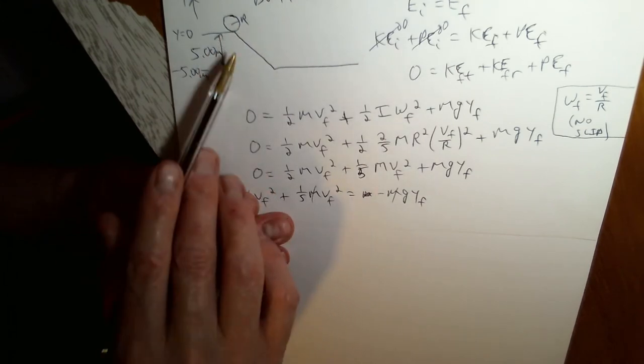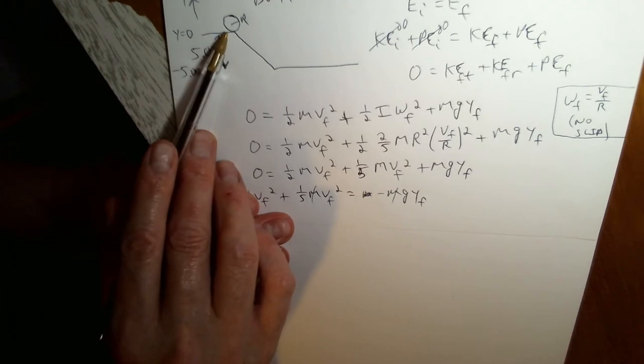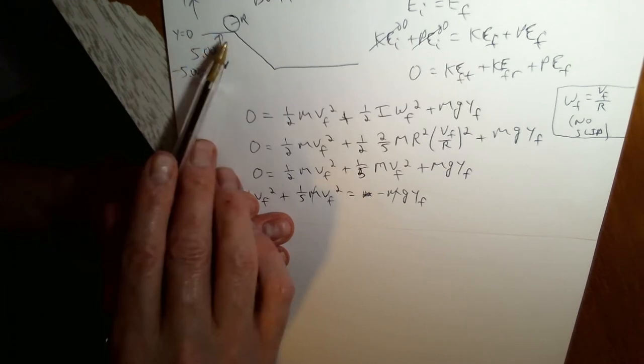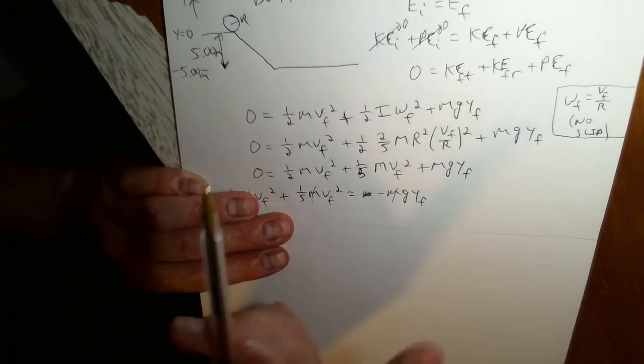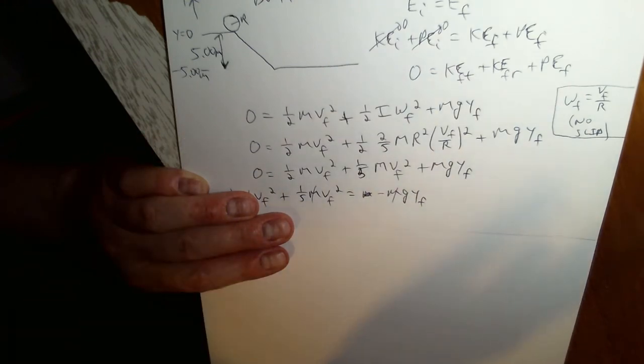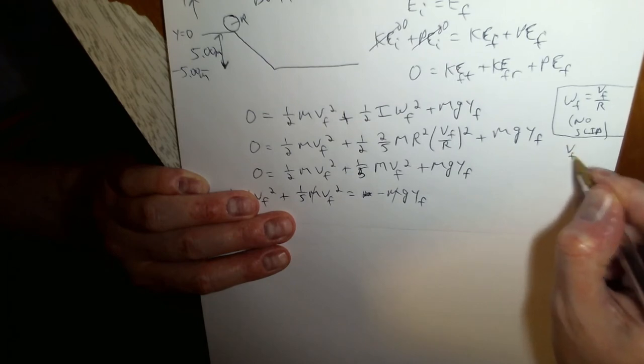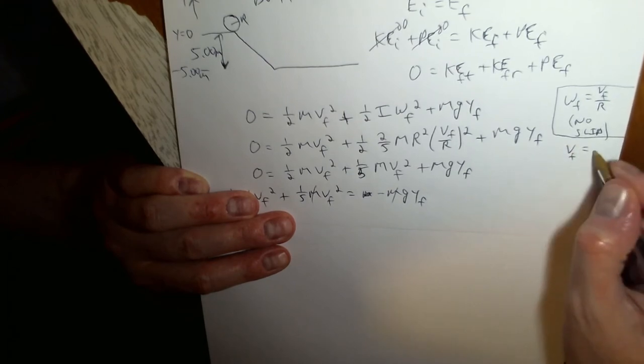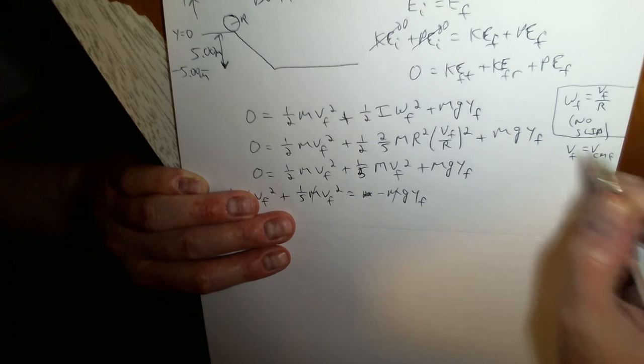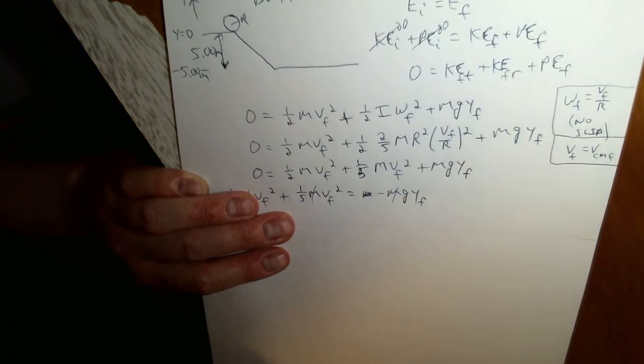That's the only point in the sphere that moves at the speed of the center of mass for the whole time. And so this v final is of the center of mass. Just a note on that.